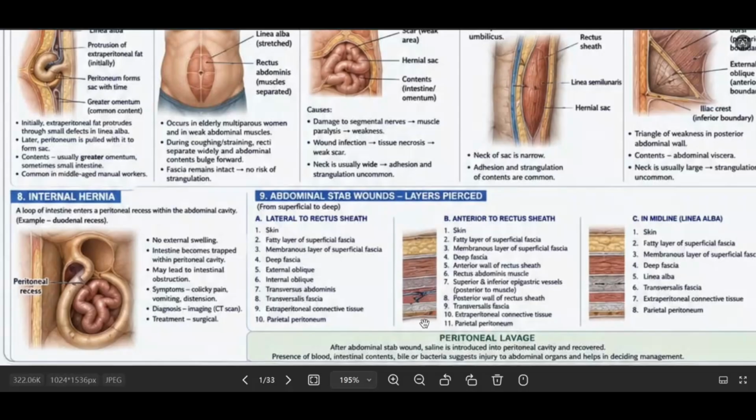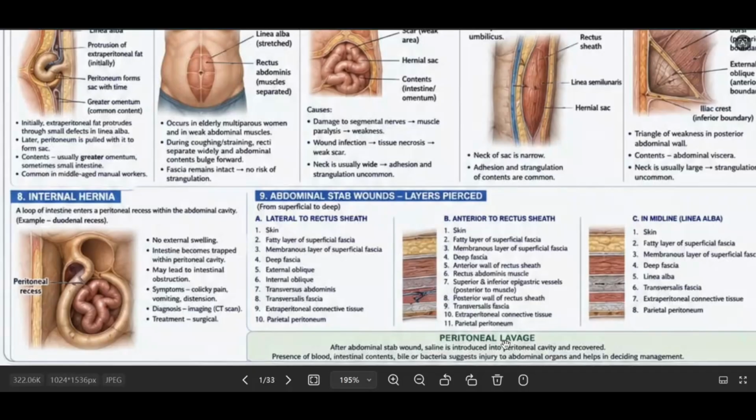There are 11 layers. So if the stab wound is happening here, a lot of abdominal or intestinal contents are going to be pierced. So the presence of blood, intestinal contents, bile or bacteria helps in deciding the management and whether surgery is needed in the patient or not.